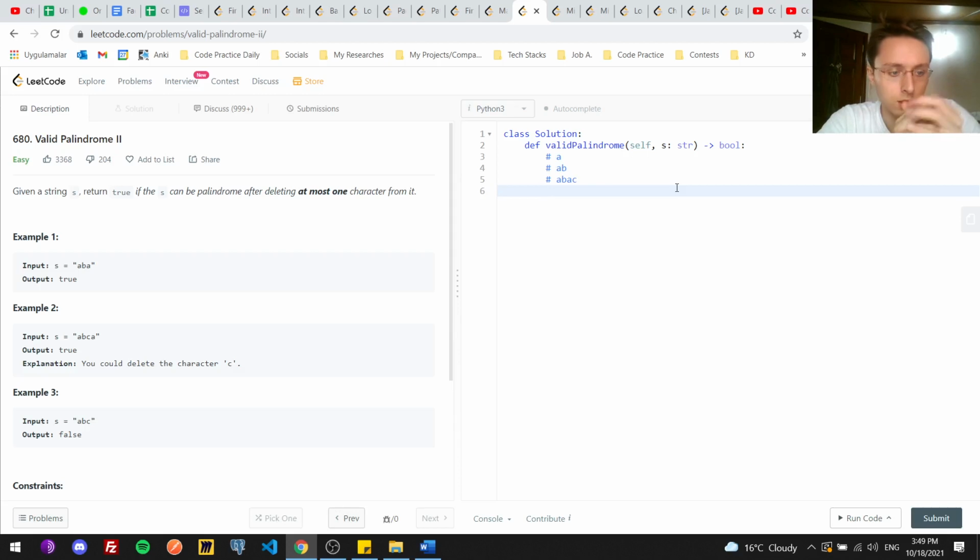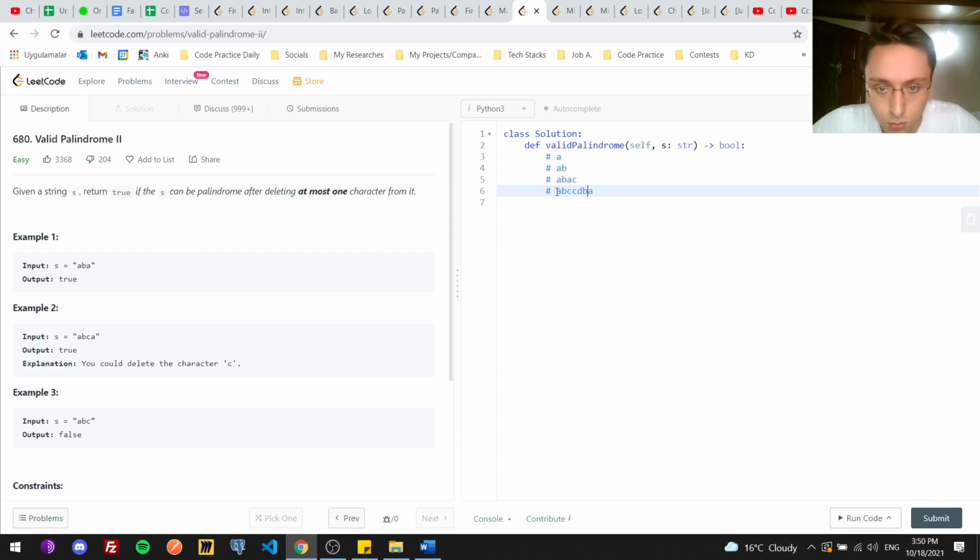So to make sure of this, we start checking from both sides, and then at the end, if we reach somewhere with, like, A, B, C, C, C, B, A, with maybe a D here, right?